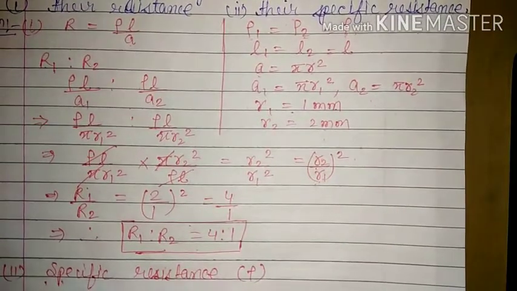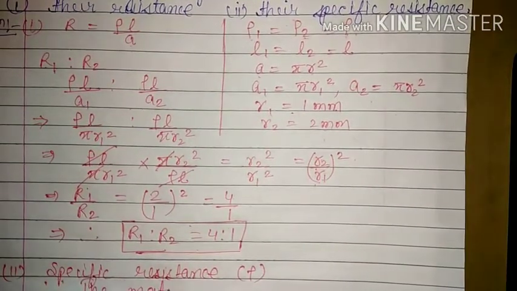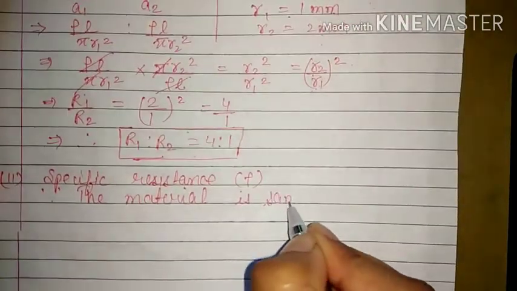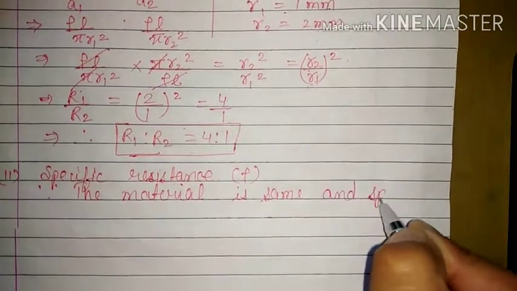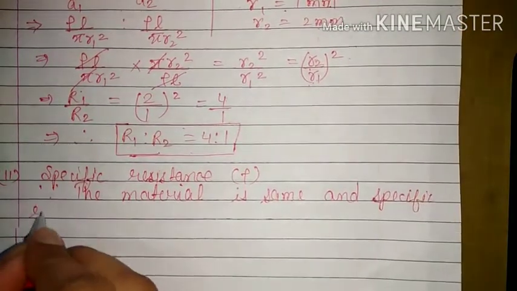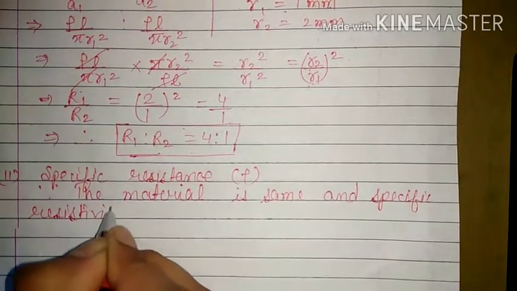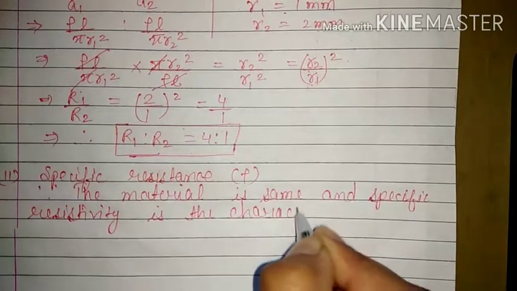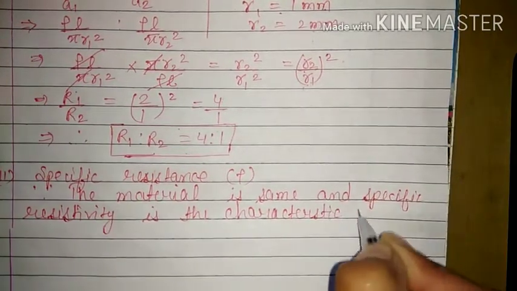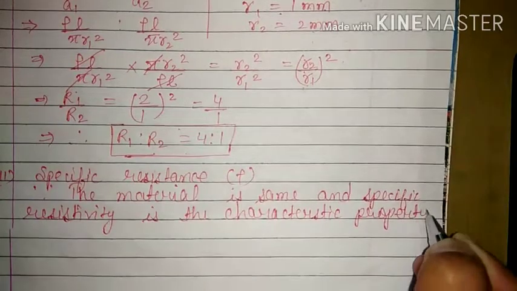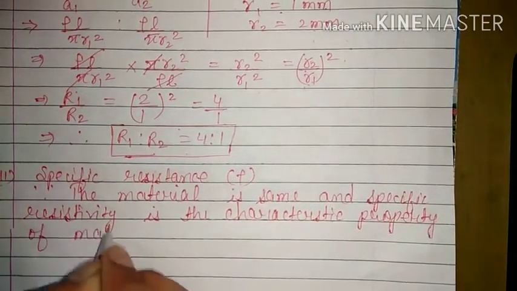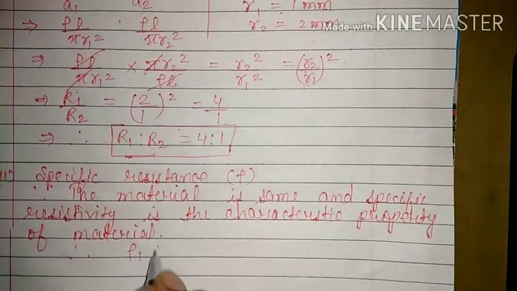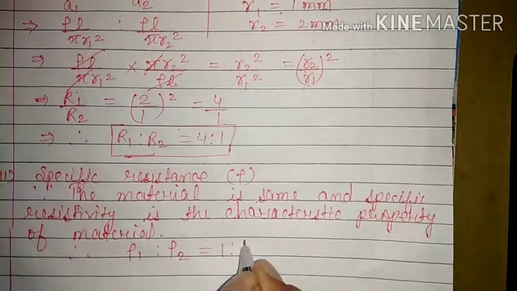Since the material is the same, and specific resistivity is the characteristic property of the material, therefore rho 1 ratio rho 2 is equal to 1:1.